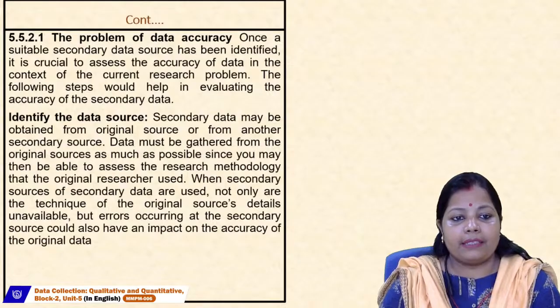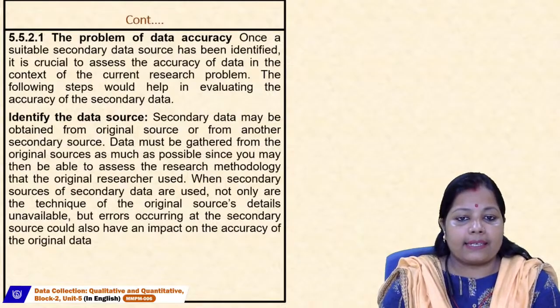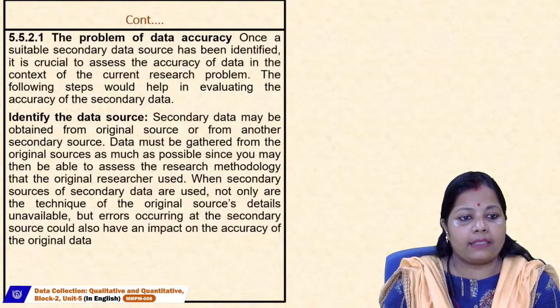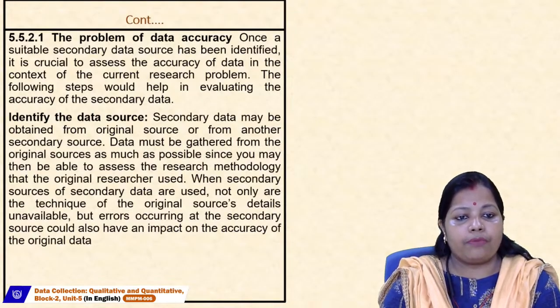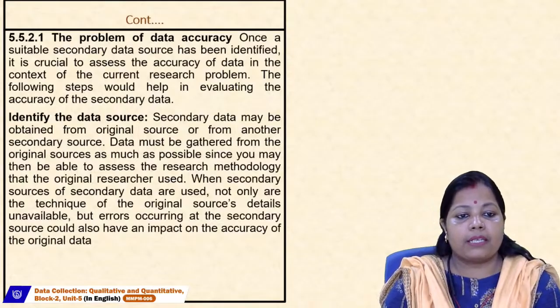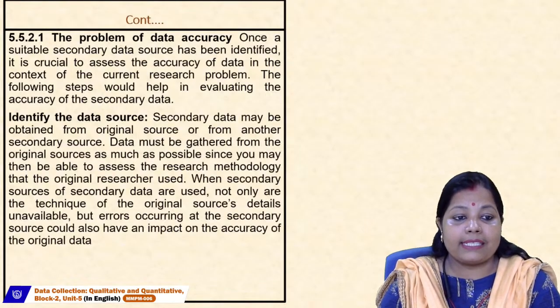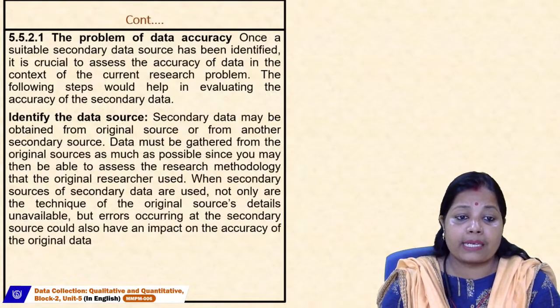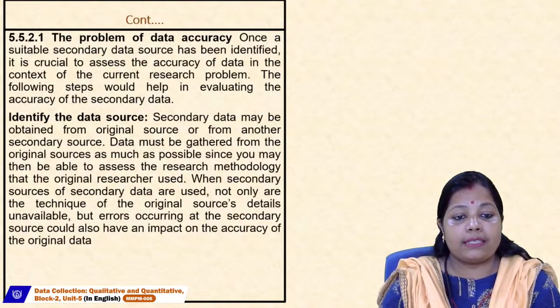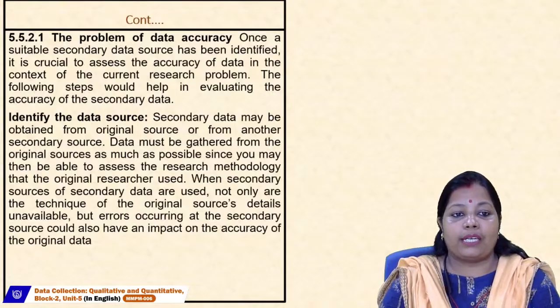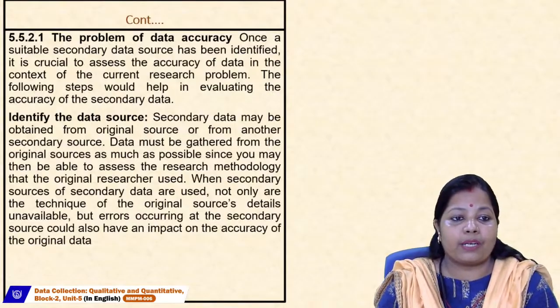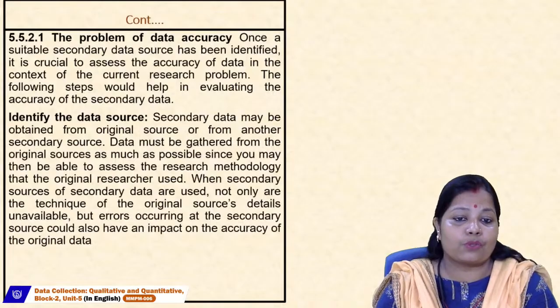In identifying the data source, secondary data may be obtained from the original source or from another secondary source, but data must be gathered from the original sources as much as possible, since you may then be able to assess the research methodology that the original researcher used. So the most important thing is to identify the data source.